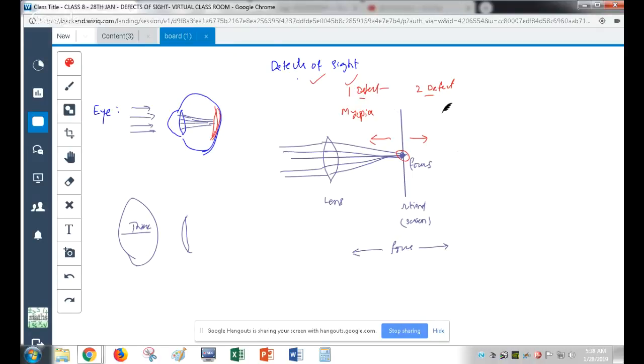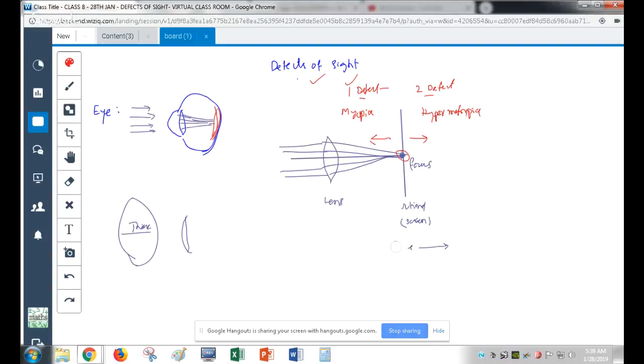And if it goes the other way, hypermetropia. If the focus goes away, we call it hypermetropia, and this we call myopia.